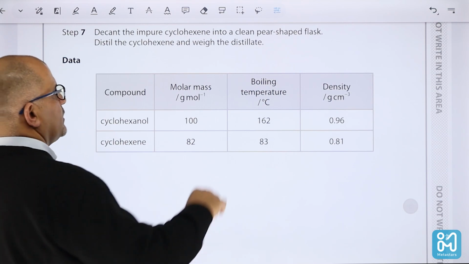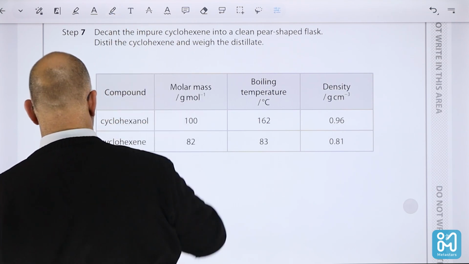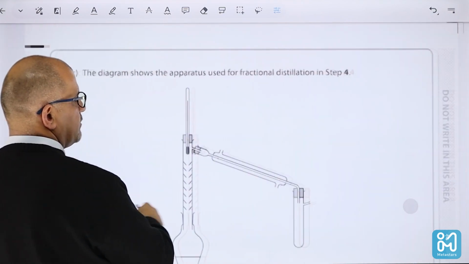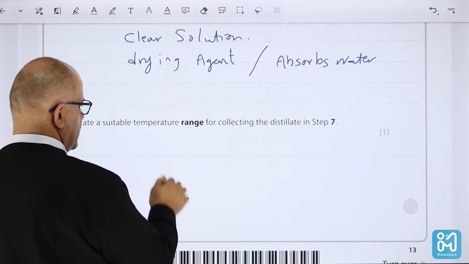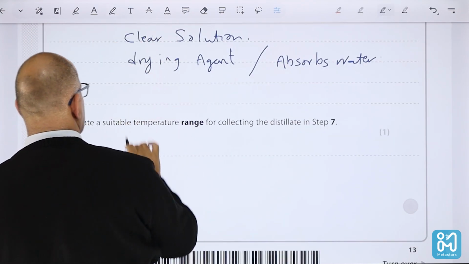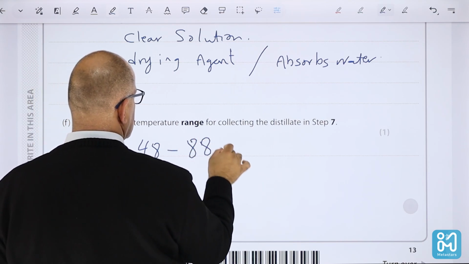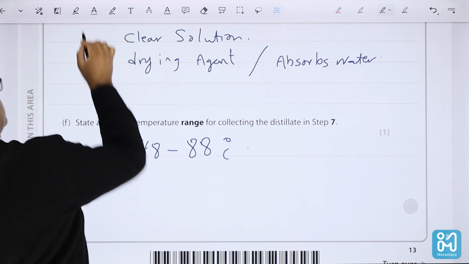That's good. So if you select 84 to 88 degrees, it's a good temperature range for collecting this fraction.